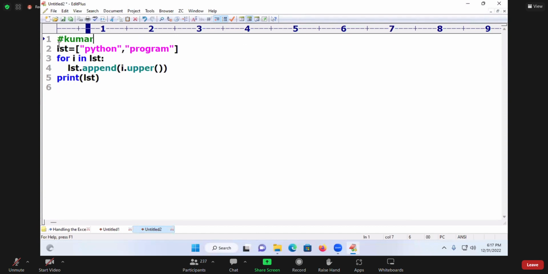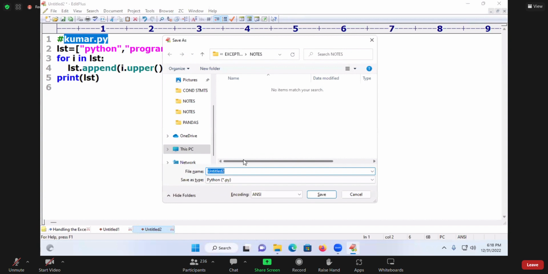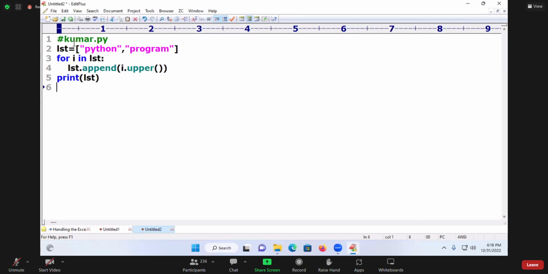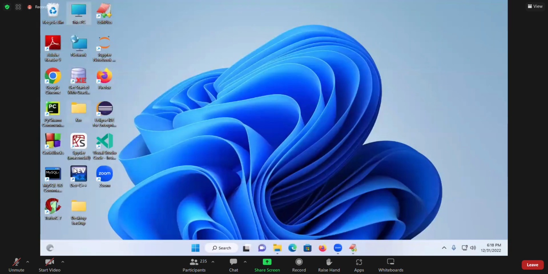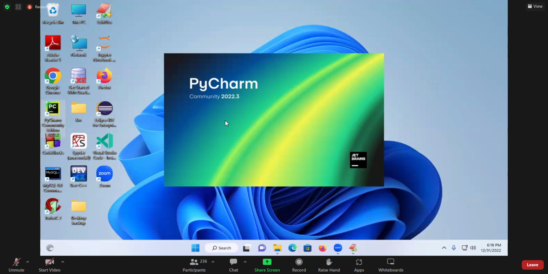This is called Kumar.py. Mr. Kumar, you want to be in PyCharm, huh? Kumar PyCharm. This is called Kumar PyCharm.py.